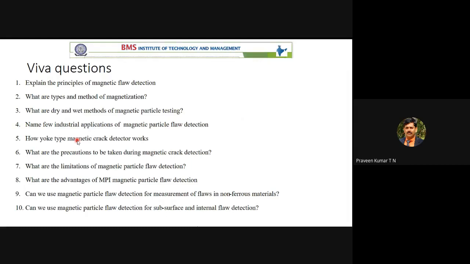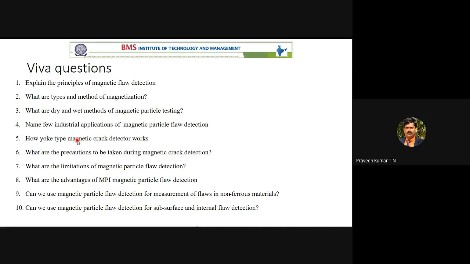Can you use magnetic flaw detection for subsurface and internal flaw detection? There is a difference between subsurface and internal flaw detection. Subsurface is just below the surface, but internal means at a depth of 2 mm, 3 mm or 4 mm. It cannot be used for internal flaw detection.